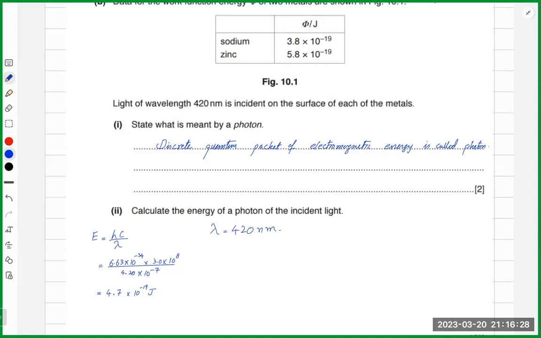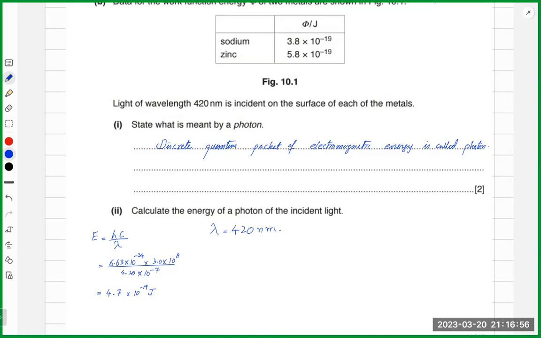Sodium requires a minimum energy of 3.8 into 10 to the power minus 19 for photoelectric effect, and zinc requires 5.8 into 10 to the power minus 19 joule of energy for photoelectric effect to start happening. So in which metal you think photoelectric effect can happen? Zinc. Good. And why?